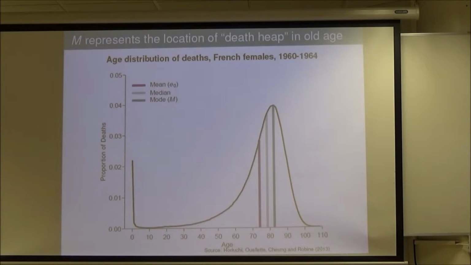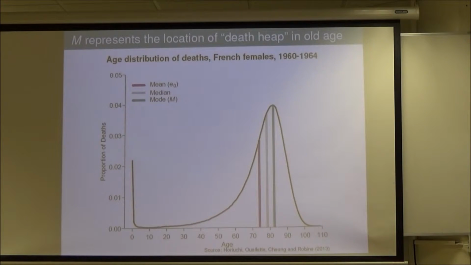If this distribution of deaths for French females was perfectly symmetrical, both the life expectancy at birth and the median age at death would be equal to the mode, and all three summary measures would be representative of the location of this death heap, so the peak in the distribution.